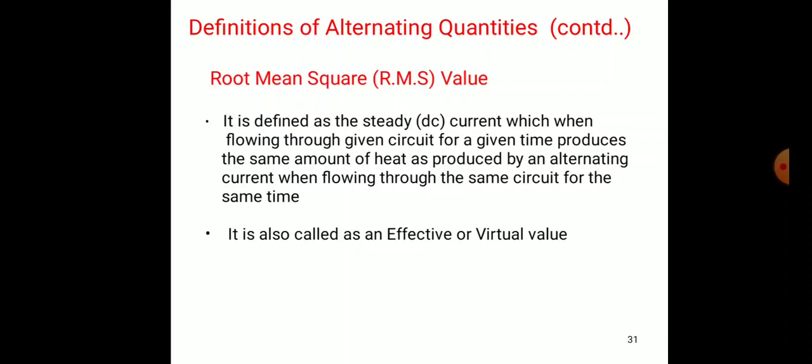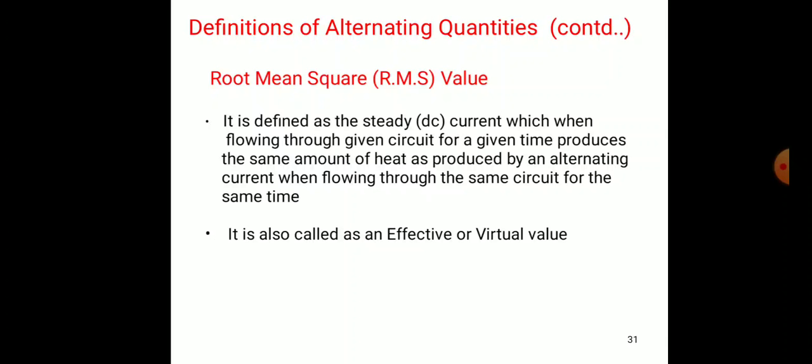The definition you can see: it is defined as the steady current which, when flowing through a given circuit for a given time, produces the same amount of heat as produced by an alternating current when flowing through the same circuit for the same time.